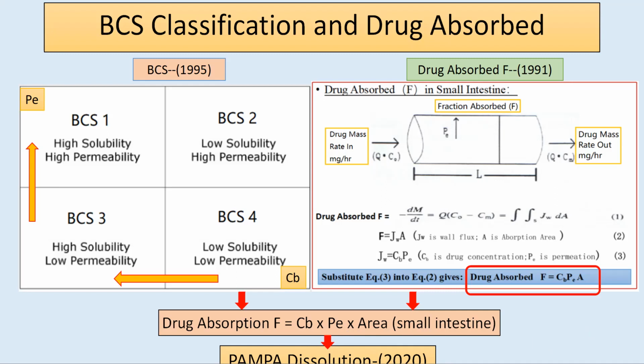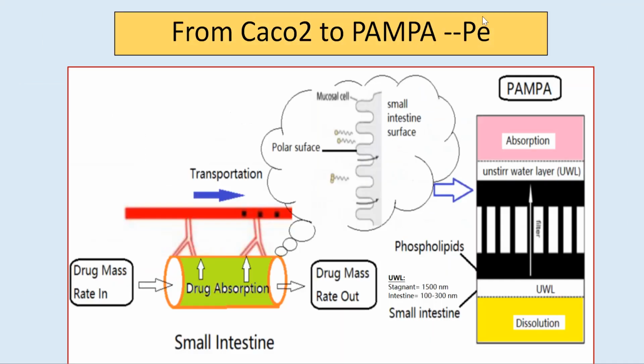So this validated equation is quite useful in designing this PAMPA dissolution, because the dissolution side can help us figure out the CB, and the PAMPA side helps us figure out the PE. So it can be determined nowadays with this PAMPA dissolution. Let's talk about this PAMPA first.